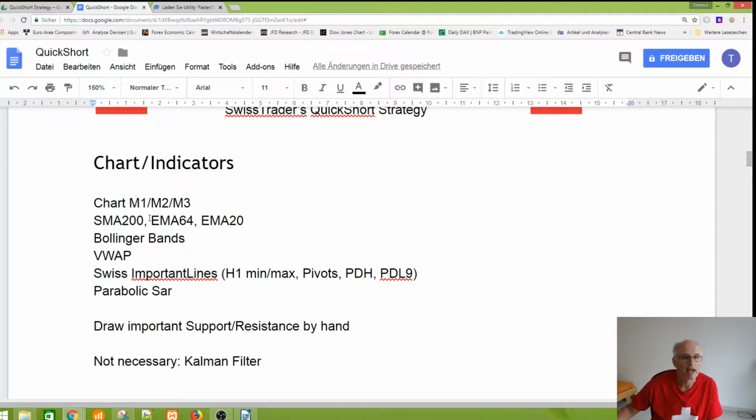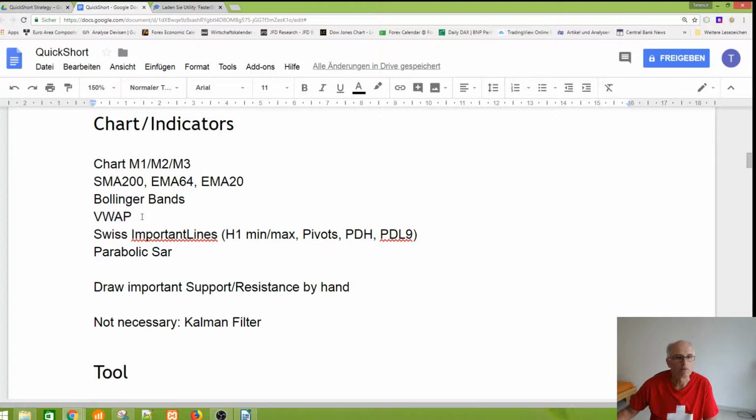You have SMA 200, 64, EMA 20. You have the Bollinger Bands, and you have the VWAP, and you have to use the Swiss important lines. It's my indicator you find for free. I show you after where.